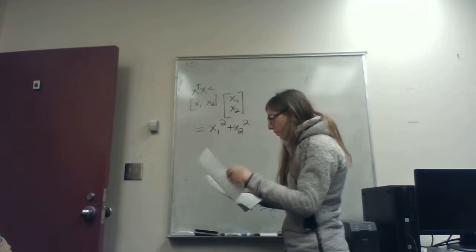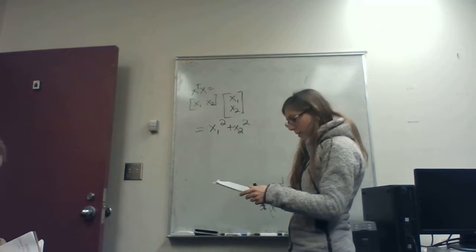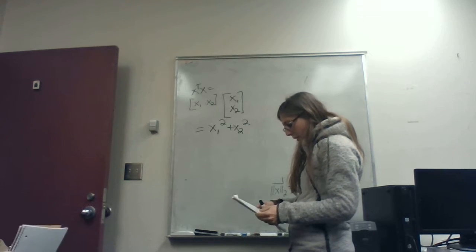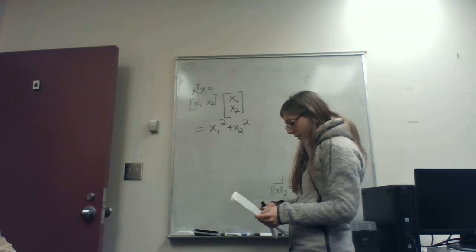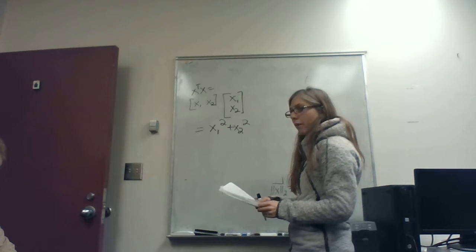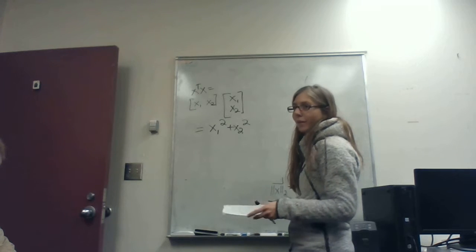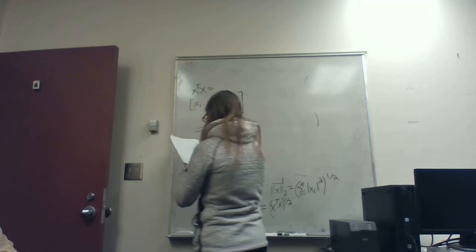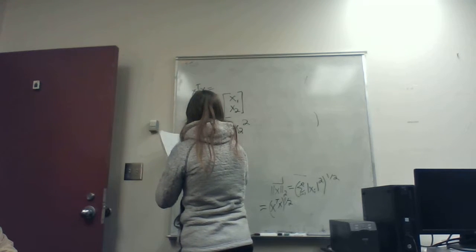There's something called equivalence of norms, which doesn't really mean they're equivalent, so it's kind of weird and confusing. What it means is that you can put upper and lower bounds on one norm based on another norm, multiplied by scalars. So here's the idea of the equivalence of norms.